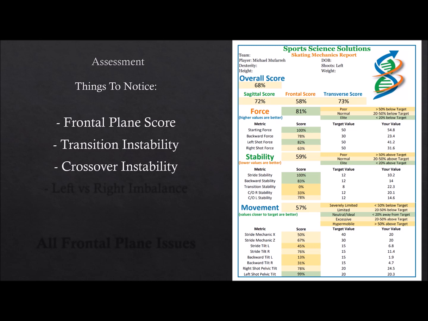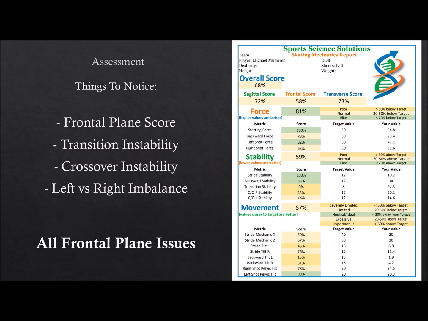He had excessive crossover stabilities to the right and left, and we start to see that there is a left and right imbalance for Michael. And when Michael stands on his right leg, specifically in the frontal plane, he lacks stability and therefore is going to have a lot of different issues. So the one big thing that we took from all of this data from Michael's initial assessment was that these are all frontal plane issues.